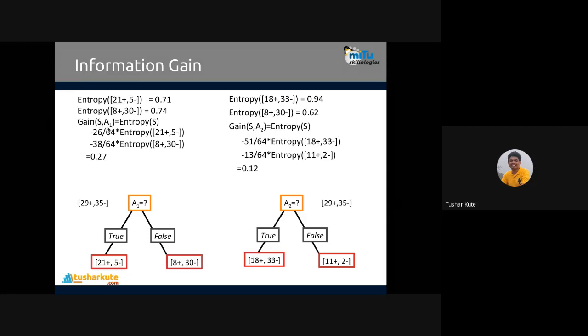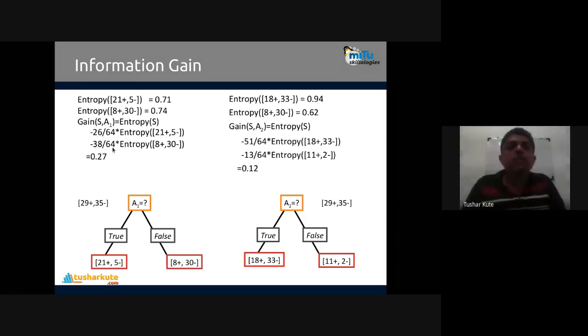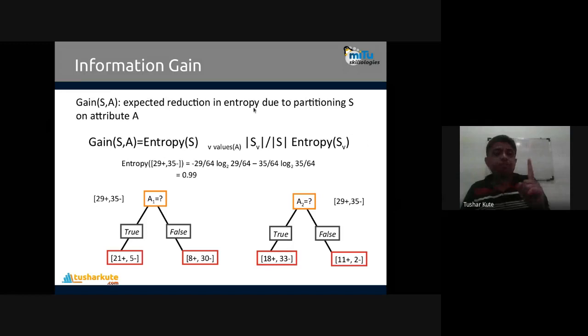So gain for A1 on sample S is equal to entropy of S minus the proportion of the first split into the entropy of it, minus the proportion of the second into the entropy of the second split. And if you combine them together, I am having 0.27 information gain for A1. This is the entropy criterion chosen.